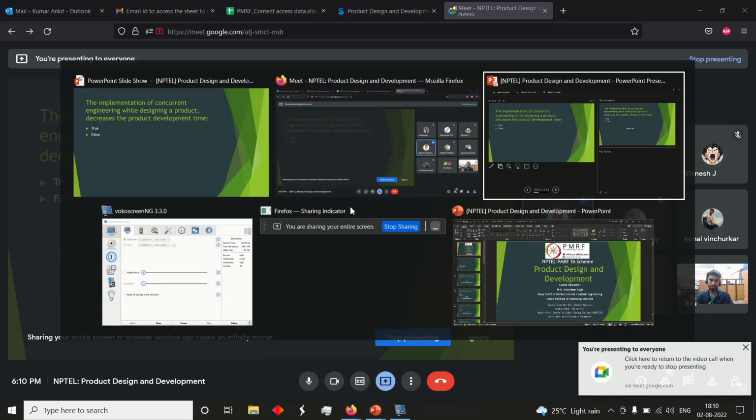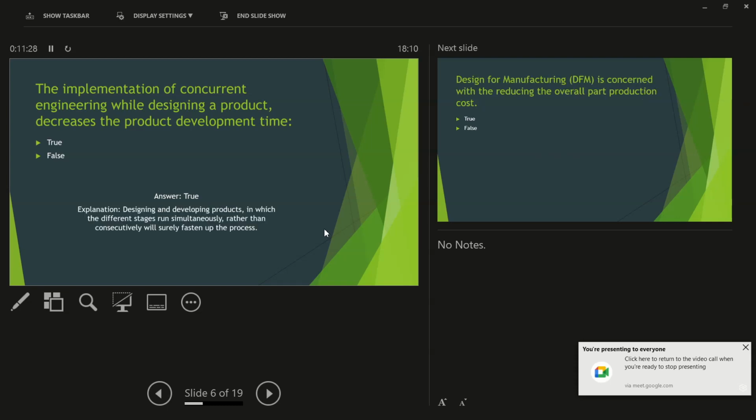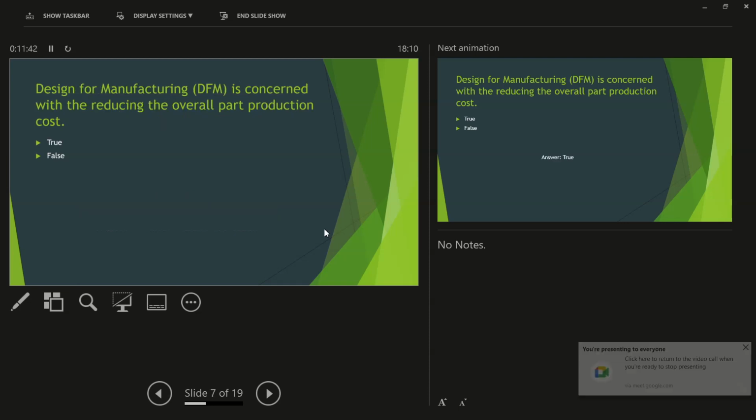Yes, exactly, designing and developing products in different stages run simultaneously, rather than consecutively or sequentially, so it will surely speed up the process. Correct answer.